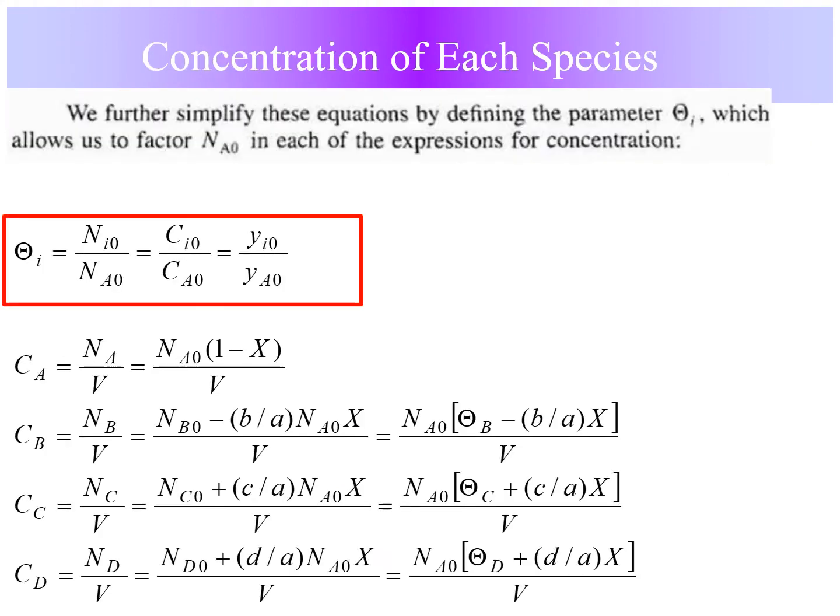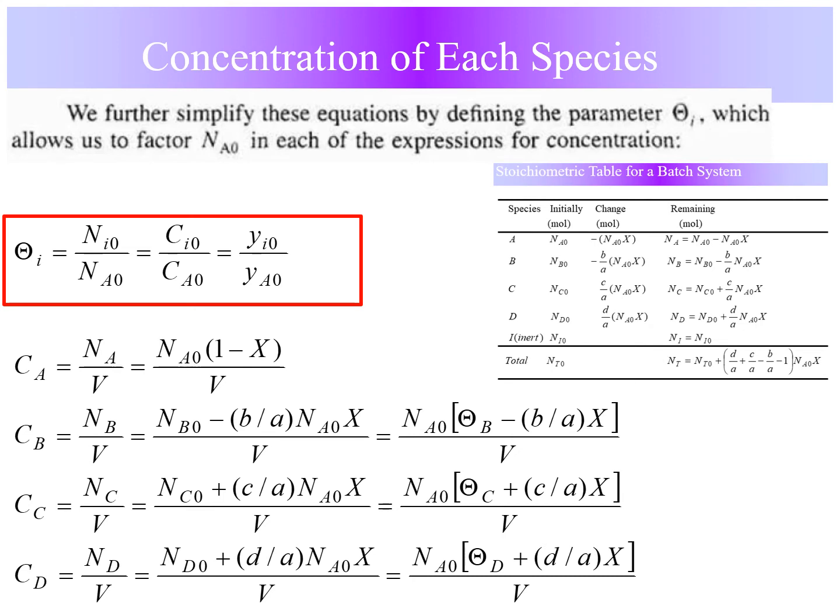Okay, so in this slide I will show you how you're going to transform the NB node here in terms of theta. For component A, I think you are clear with this. Let's see component B. As we know, theta B equals NB node over NA node.